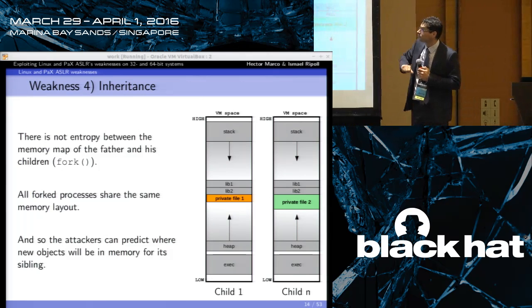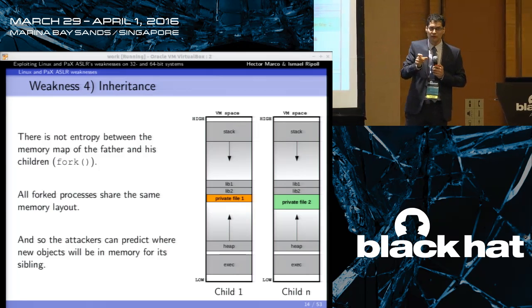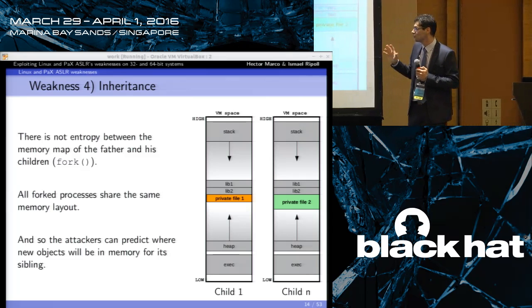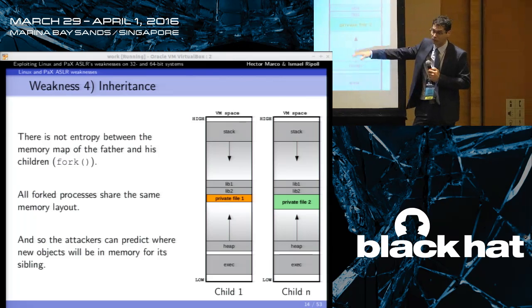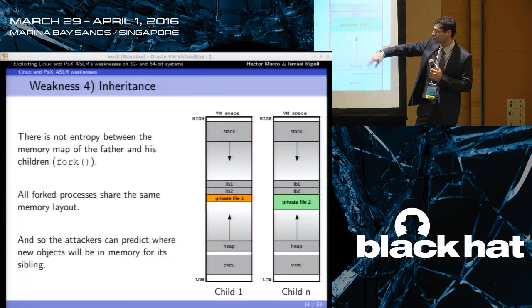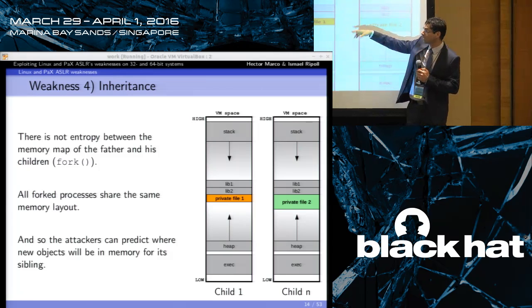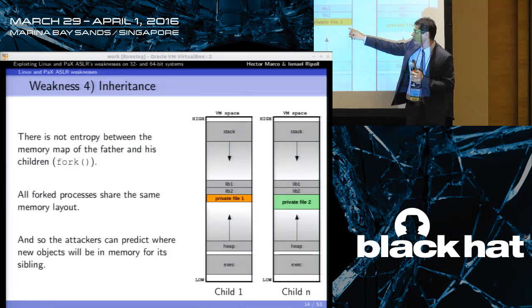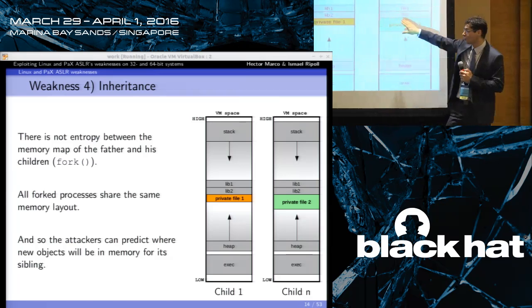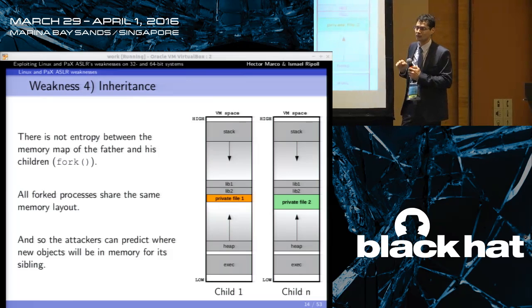Next one, the inheritance. This is a form of correlation, but correlation between a father and a child process. So basically the idea is here we have a child process and this is another child. Let's suppose both processes are siblings. We say that there is an inheritance weakness if the position where a map will be placed in one child is the same or can be used to guess where the position of another map will be.